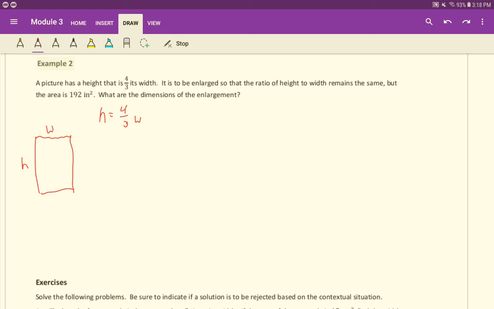So let's see here. What are we going to do? How are we going to set this up? Well, the area of this rectangle is going to be 192 square inches, and that's for the enlarged rectangle there.